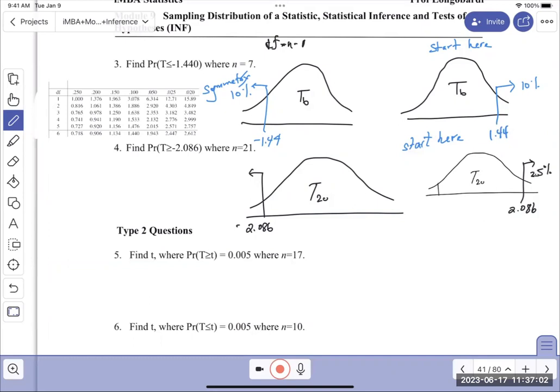So this has to be, by symmetry, 2.5%. Okay. All right, so now do the last two questions.